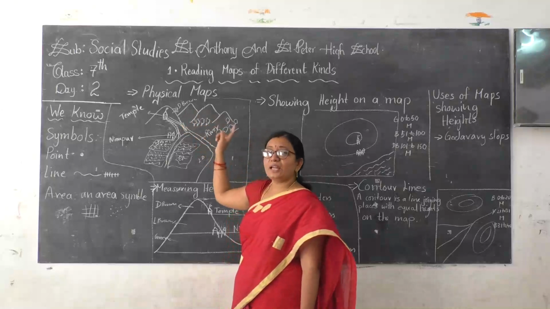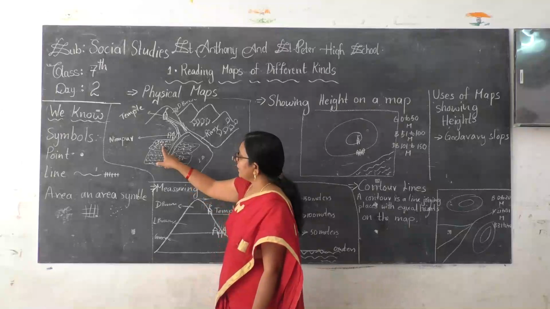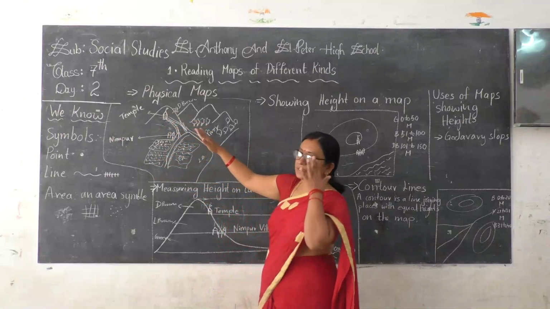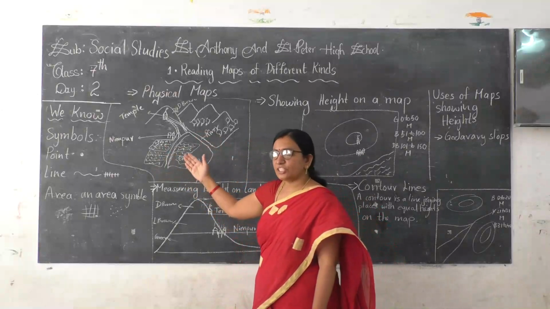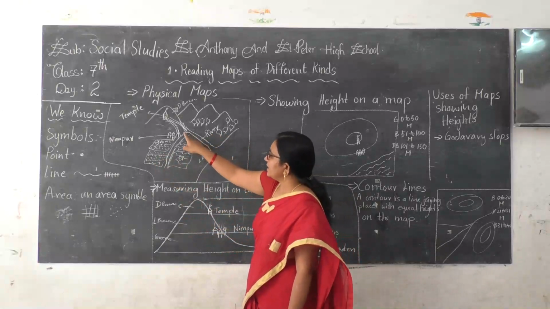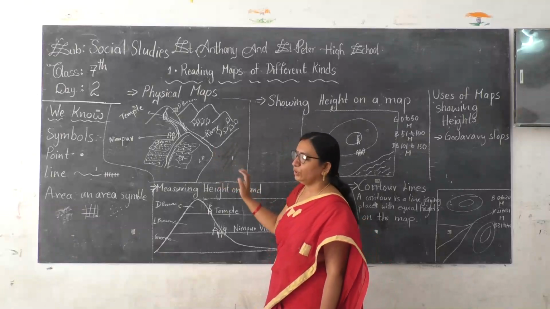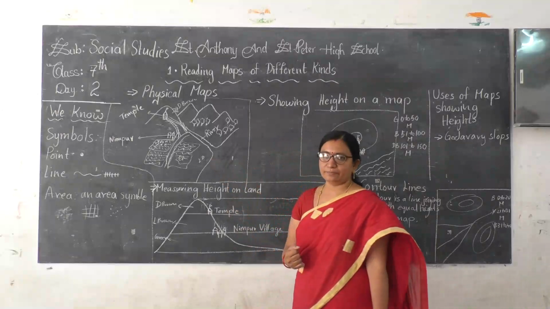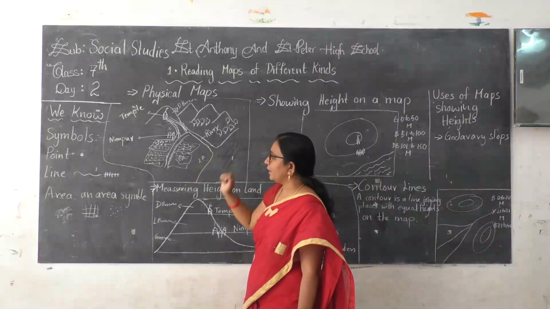The mountains are shaded in dark brown color, and after a little distance of slope, we can see the green land, which is nothing but plains where the crops are grown. Here you can see the river flowing. Blue color is used for the river, and here it goes and mixes into the sea. And this land is shaded in light brown color.